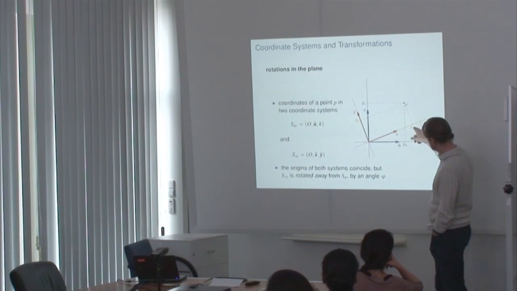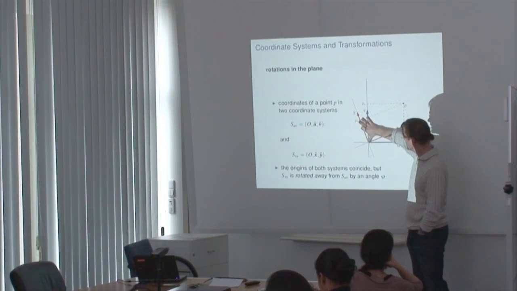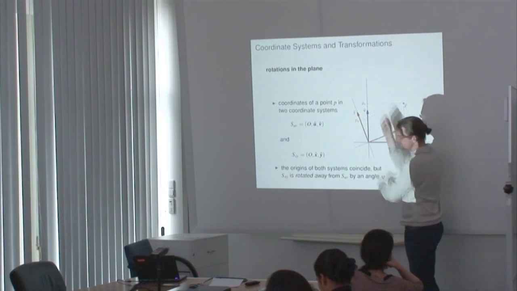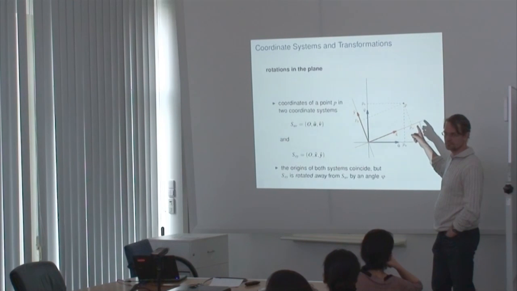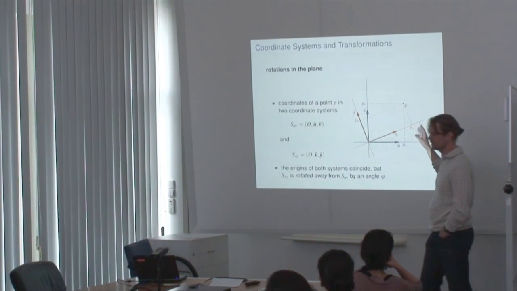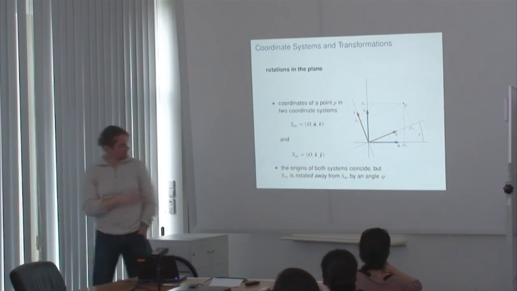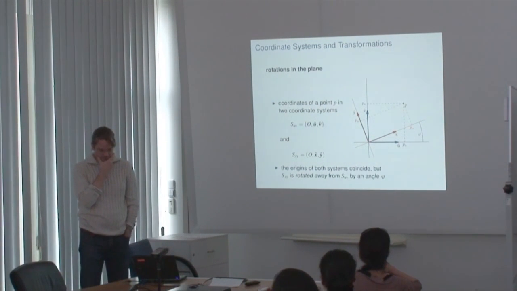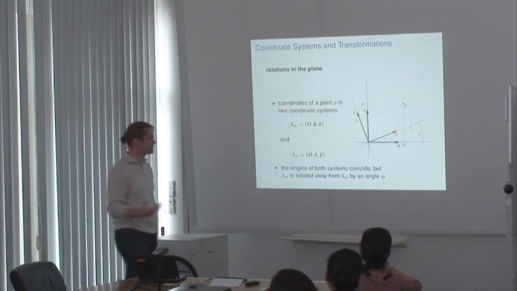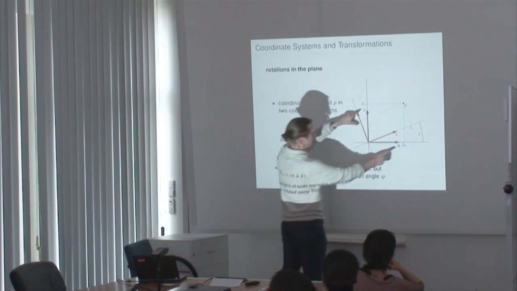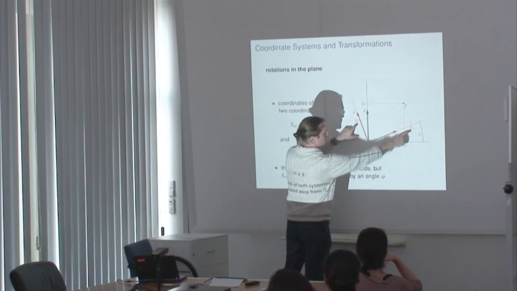And px is a different number than pu, and py is a different number than pv. But the point is the same. This is important. The point is the same, but there are in this sketch already two ways of how we can talk about the point. We can talk about the point using these two numbers, pu, pv, or these two numbers, px, py.